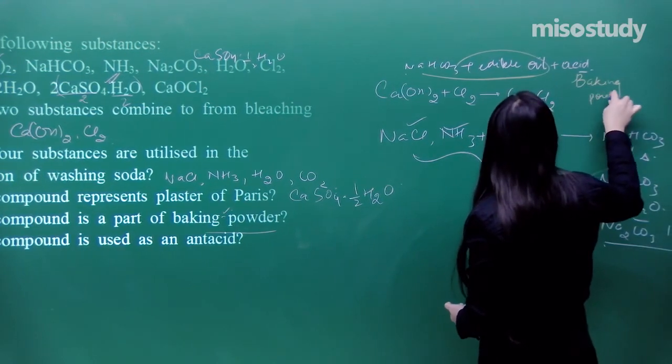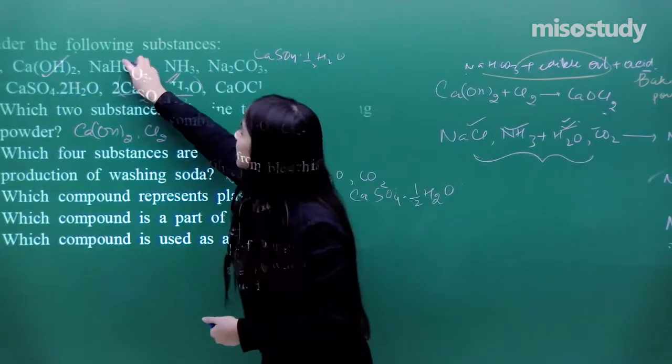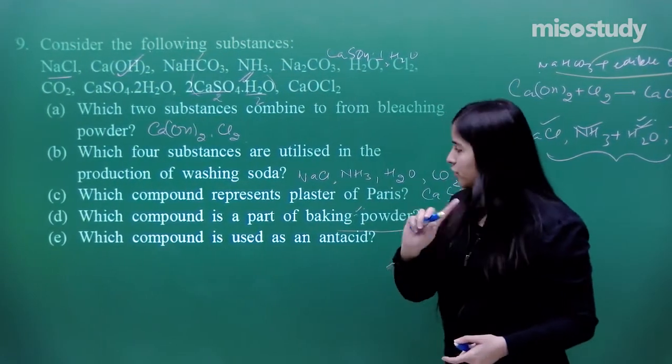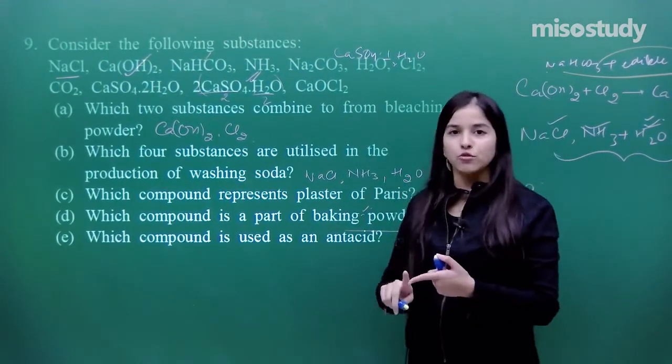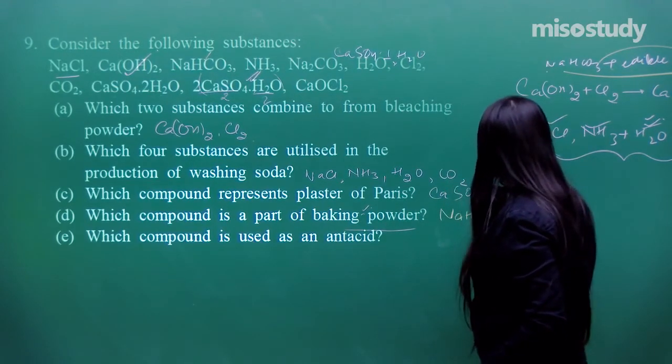So the major component which is involved is NaHCO3, and that is my answer right here. Okay, so no need to get confused between baking powder and baking soda. Revise it once again. So it is NaHCO3.